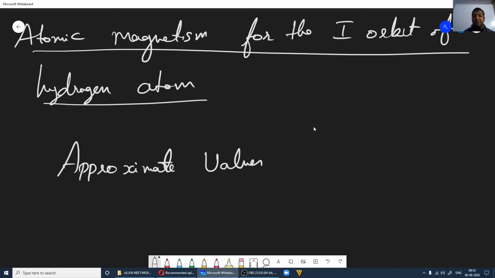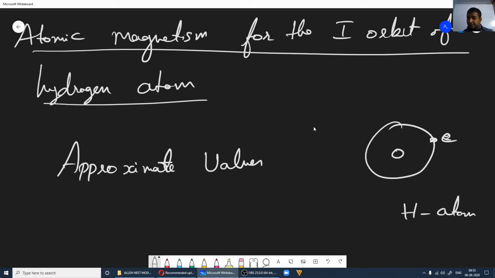Now this is a hydrogen atom, and we are considering the electron. It has only one electron. Now the distance r, then its velocity. We are just trying to write the approximate values.